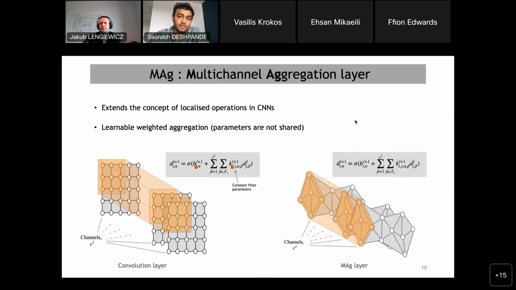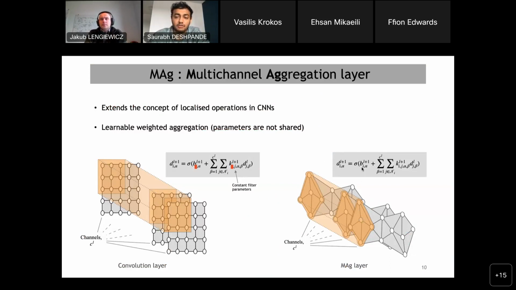The first one is the multi-channel aggregation layer. As I described earlier, it extends the concept of localized operation in CNNs. But there is one major difference: MAG uses a different set of weights at different locations.